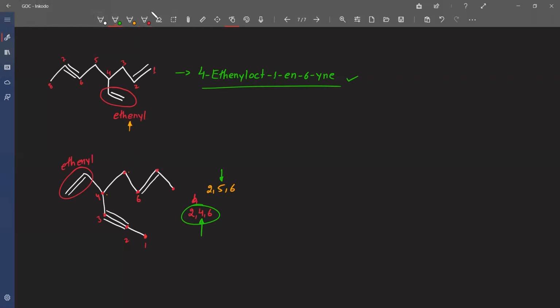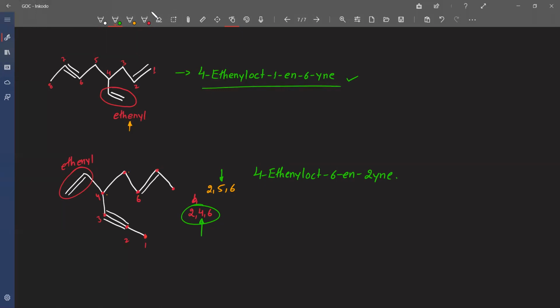So the name is 4-ethynyl, 6-... no, 4-ethynyl... 6-ene, 2-yne. Okay, so that is correct.